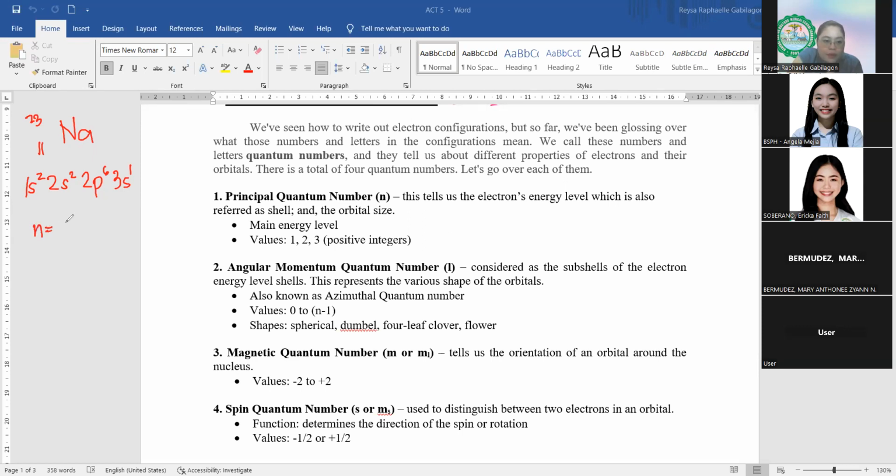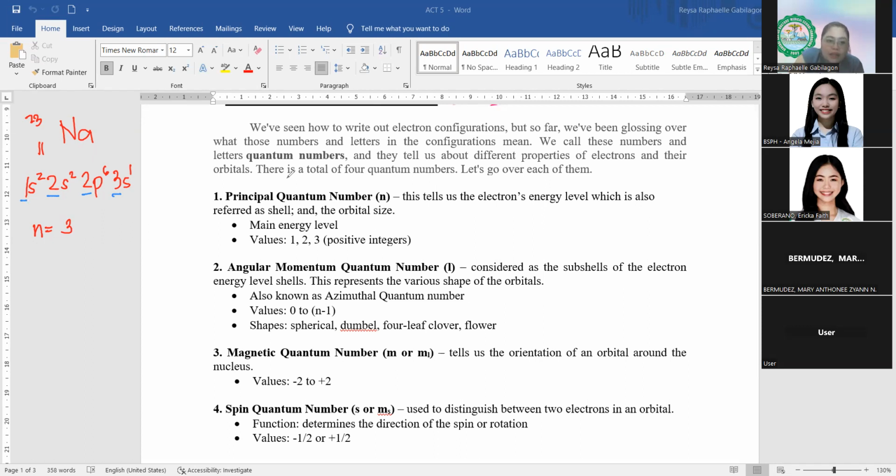The principal quantum number of sodium is 3. So, ano yung titingnan nyo? Itong number na ito. So, malalaking number dyan, that actually represents the energy level or the shell. So, kung ano yung pinakamalaki dyan, that will be the principal quantum number.